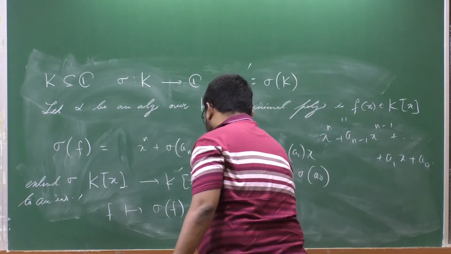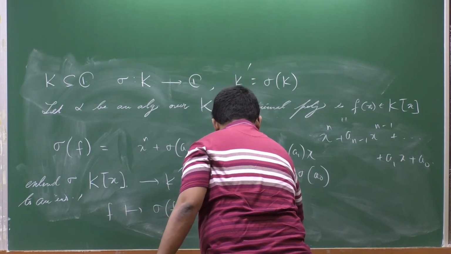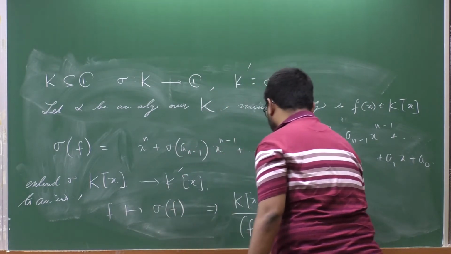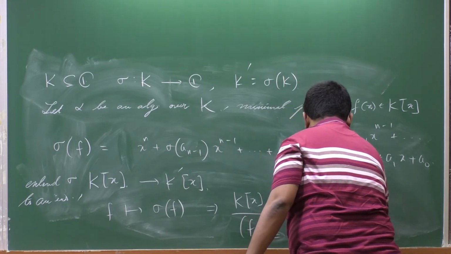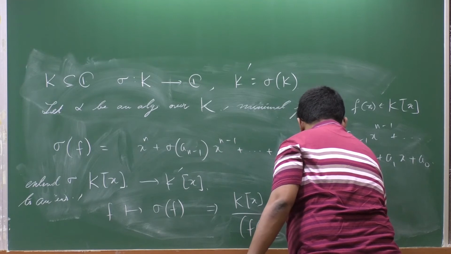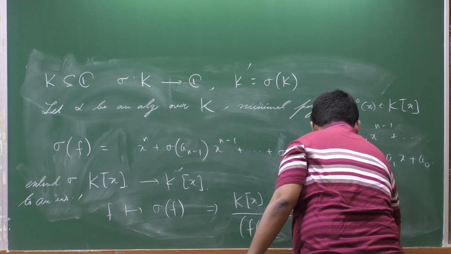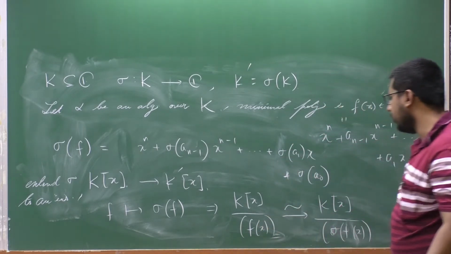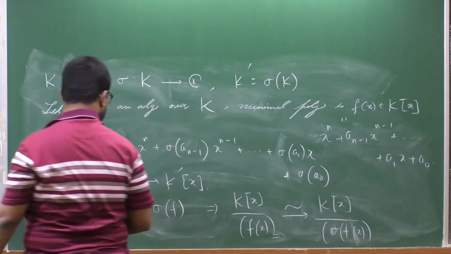From this it immediately follows that there is an isomorphism from K[x] modulo f to K prime[x] modulo sigma f, which of course sends x to x.